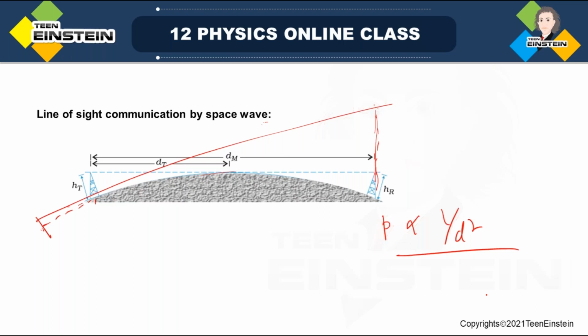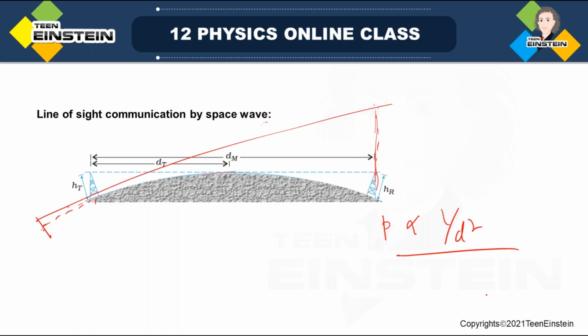Hence, the range of TV transmission, the previous one, ground wave transmission, is suitable for radio communication. For TV communication, or television transmission, the space wave is used.